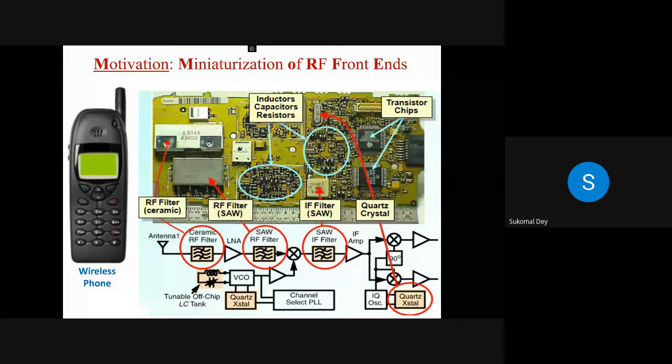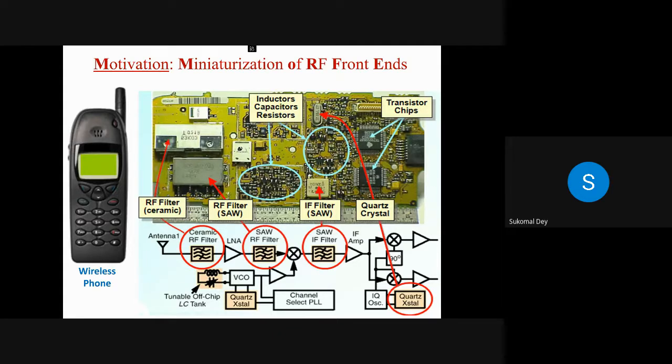The first target is to improve the quality of the passive circuits, because passive circuits inside a transceiver module, the transmit and receive sections, play a very important role in improving the quality factor. The problem initially is that a high quality factor poses a bottleneck against miniaturization. You are thinking to improve the quality, and at the same time you are also thinking about how to miniaturize it.